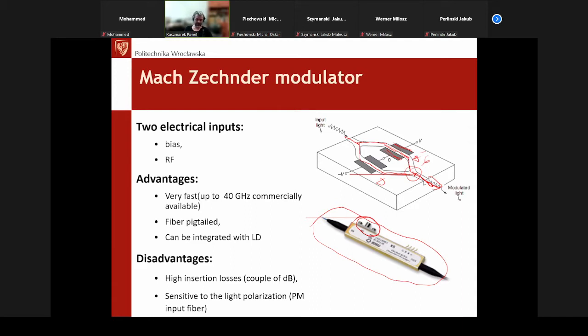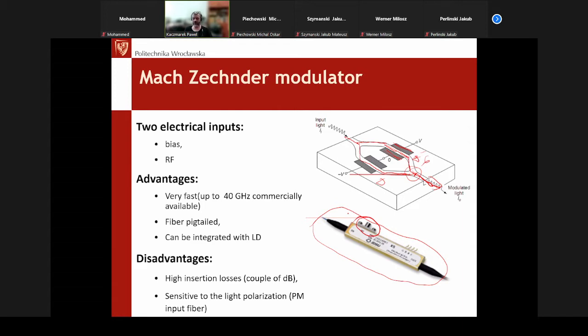It works quite nicely up to 10 to 15 gigahertz. For higher frequencies, other types of connectors are used, but as you can see, this type of modulator is able to operate even at 40 gigahertz bandwidth. So we can use such a modulator in modern telecommunication systems, because 40 gigabits per second is, let's say, a typical modern telecommunication system.